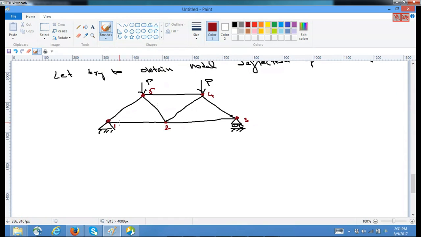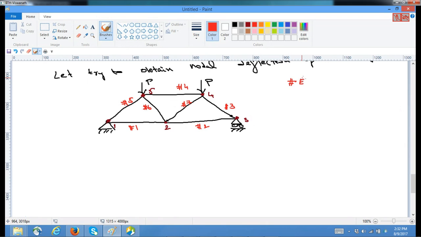And let us name the elements as element 1, element 2, element 3, element 4, element 5, element 6, element 7. Let's write the connectivity table.